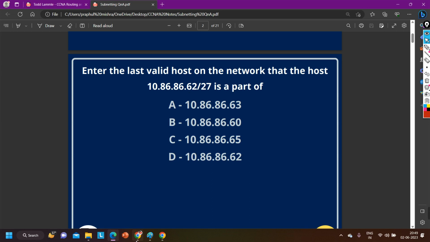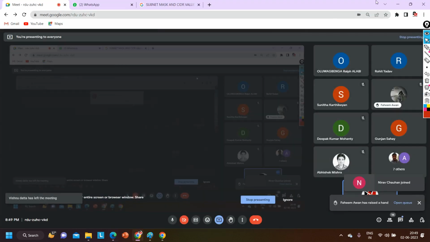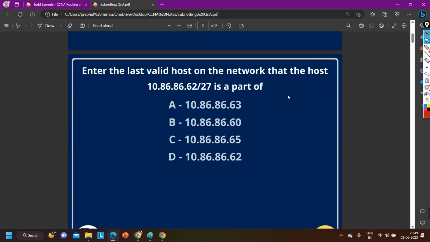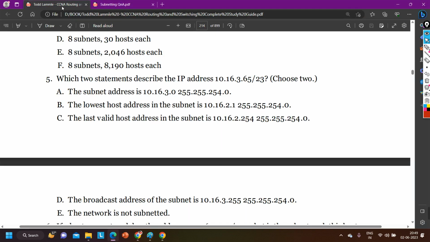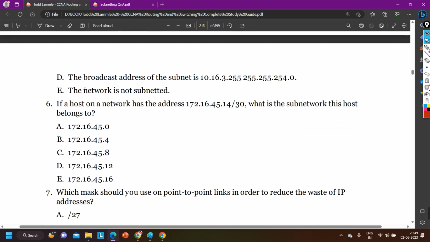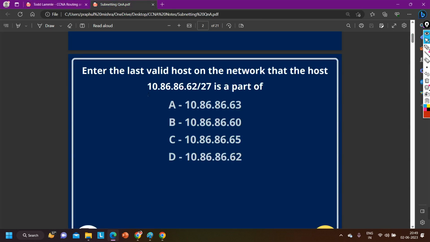Please tell me the answer as well, guys. See, the question is similar. From here also you can see these questions, and here also the questions are the same. So tell me the answer directly. What you need to find is the valid host of the network where this IP address belongs.